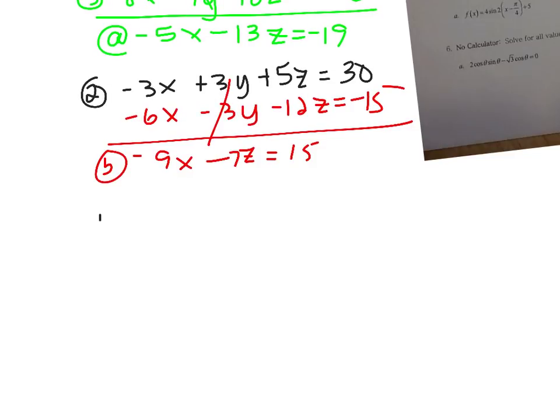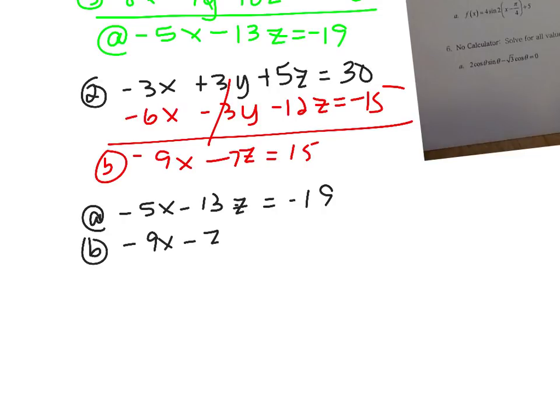All right, so now we're going to put equation A and equation B together. Equation A is negative 5x minus 13z equals negative 19, and equation B is negative 9x minus 7z equals 15. I'm going to get rid of the x's.